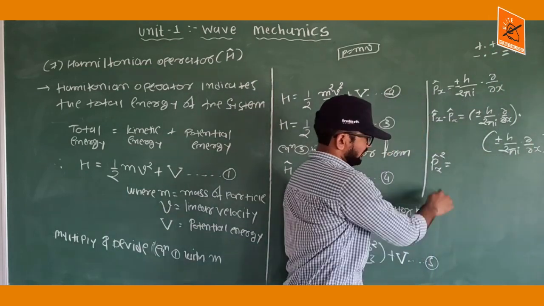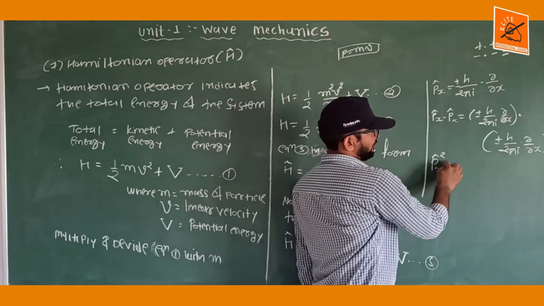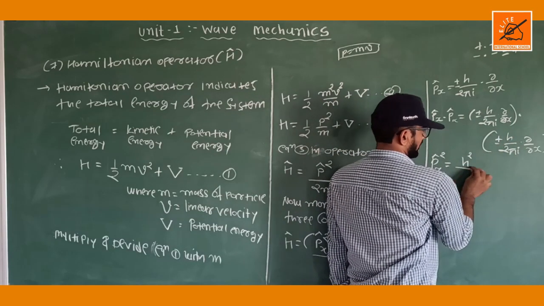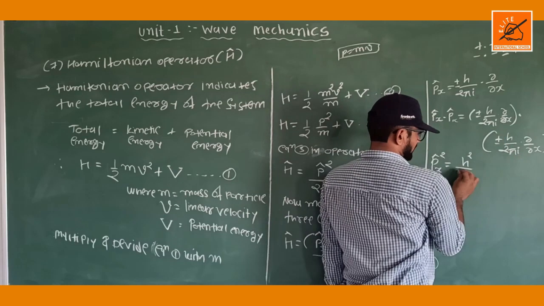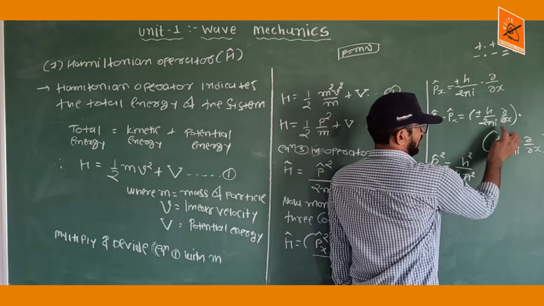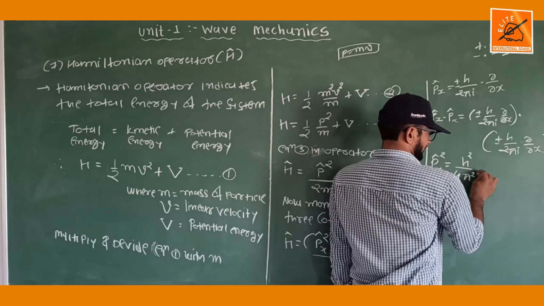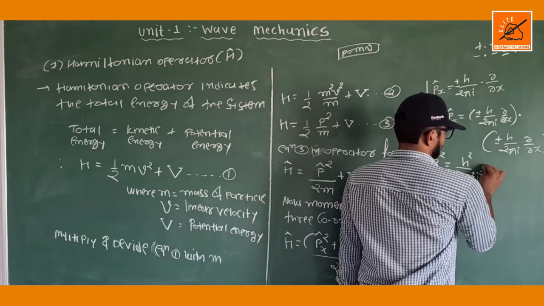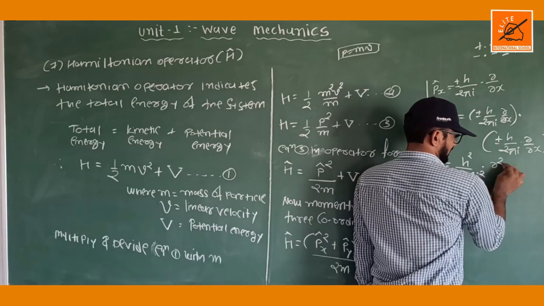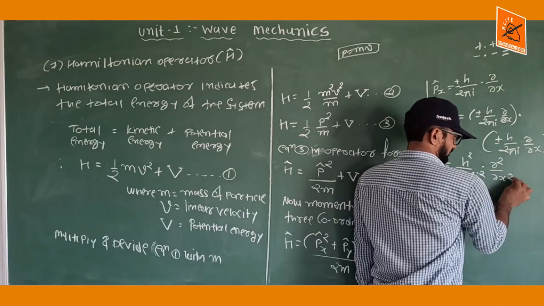So the value of px square is equal to h into h is h square upon 2 into 2 is 4, pi square, i square, into del by del x into del by del x, which is del square upon del x square.